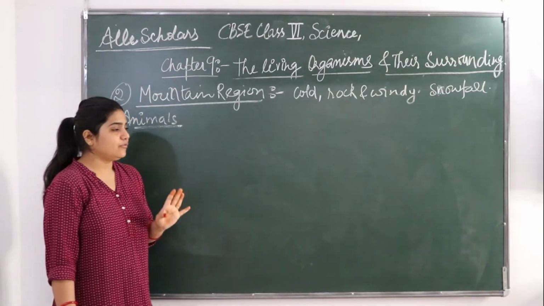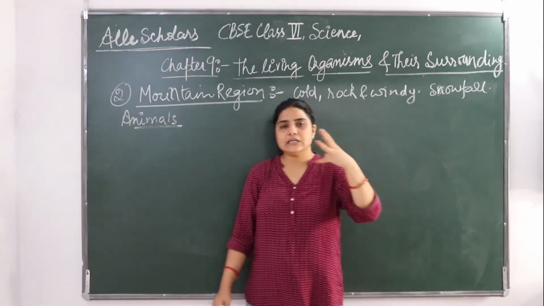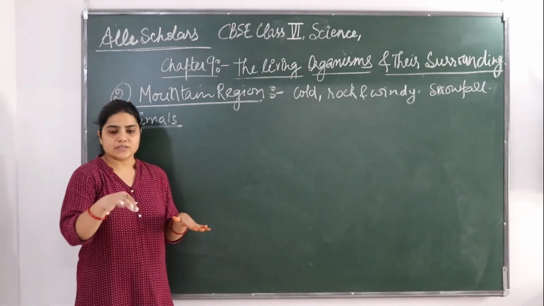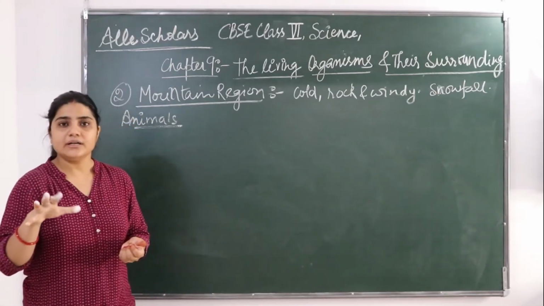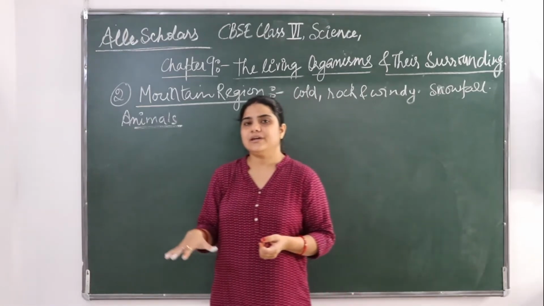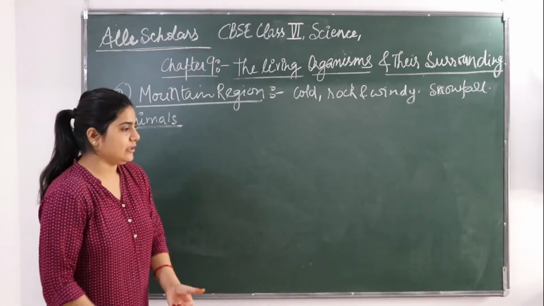These furs protect its body and feet from the cold when it walks in the snow. Its name is snow leopard because it walks in the snow with its furry feet, furry toes and furry body.